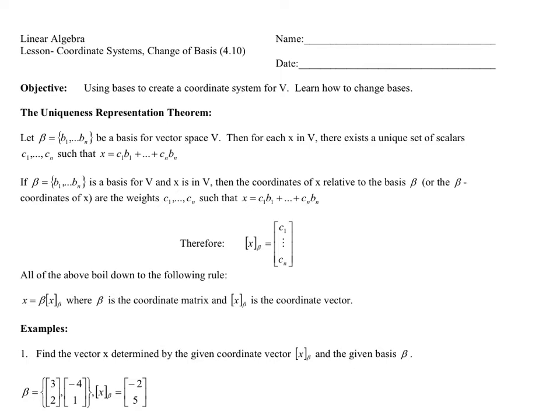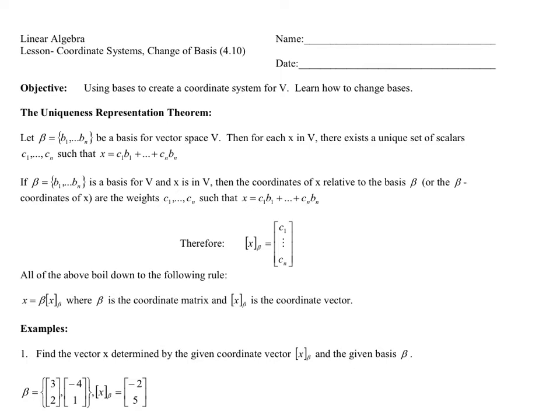If beta is a set of vectors that is a basis for V and x is in V, then the coordinates of x relative to the basis beta, or the beta coordinates of x, are the weights, C, that form that linear combination.